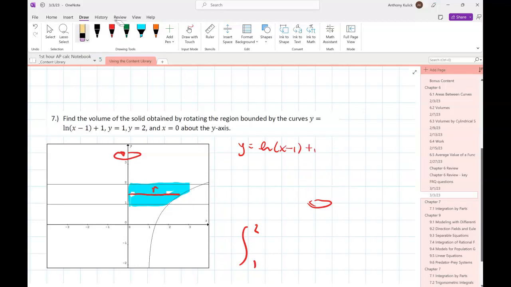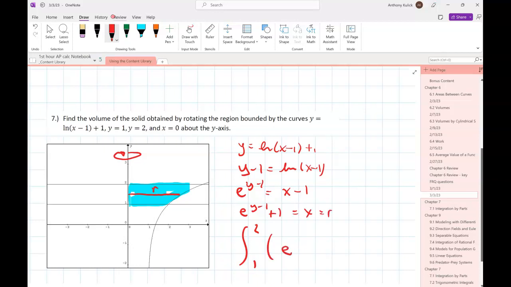So to get that in terms of x, we'll subtract 1 over, do the e to the both sides, and then we'll add 1 over. So that's x. That should be my volume there.